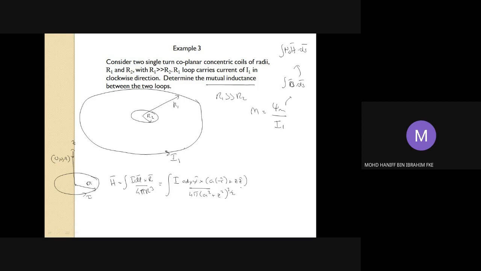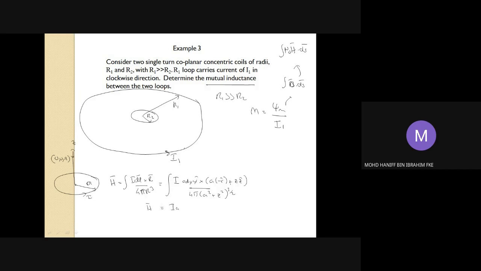So when we do the cross product, we are supposed to get the equation of H field equals to I A. Remember that last time we ignored the negative R direction because of symmetrical effect, so we only have the Z direction.